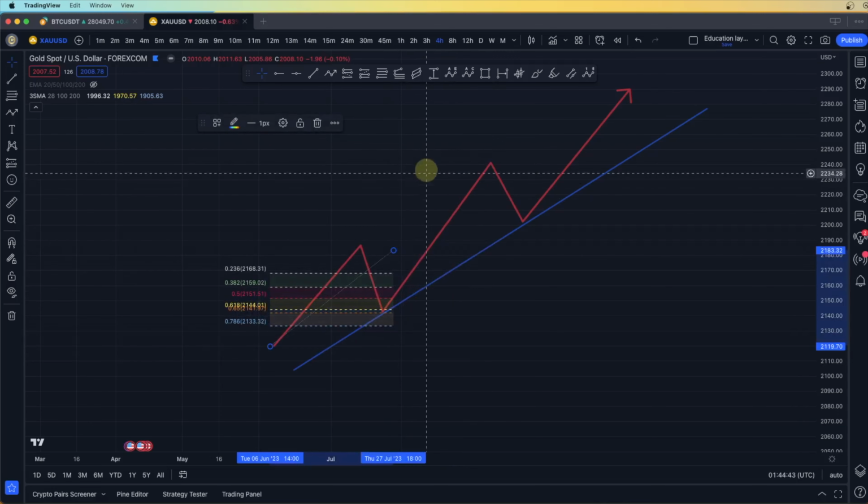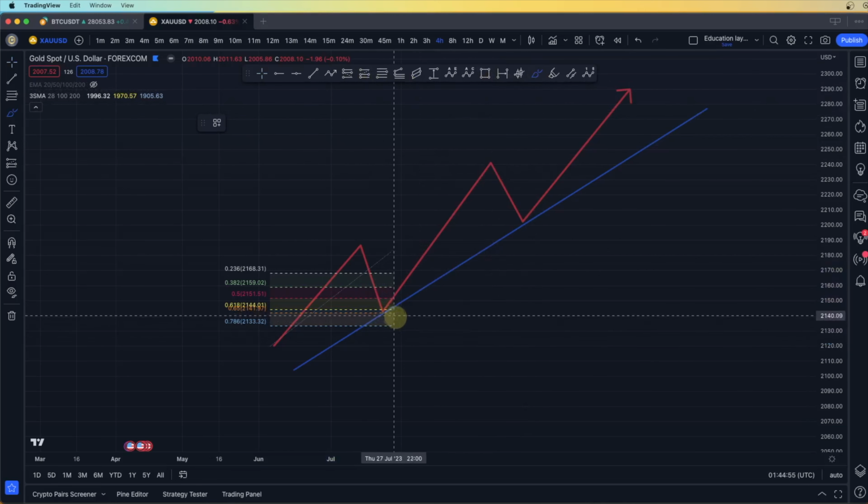This is the fibo level. We don't have this area yet on the right hand side, but when the market goes to this area, it's a good opportunity for us to get into the long position.